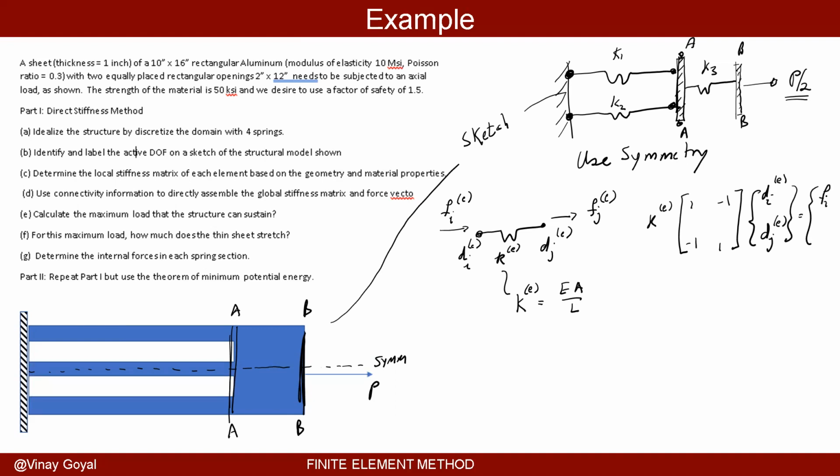But before that, we need to identify the active nodes in the idealized model. So if we start from the left to the right, the clamp node has zero displacement, right? That's the condition. We don't have any displacement at that node. So let's call that one D0. The node j for either element 1 and element 2 could be the first active node, so it has some displacement.